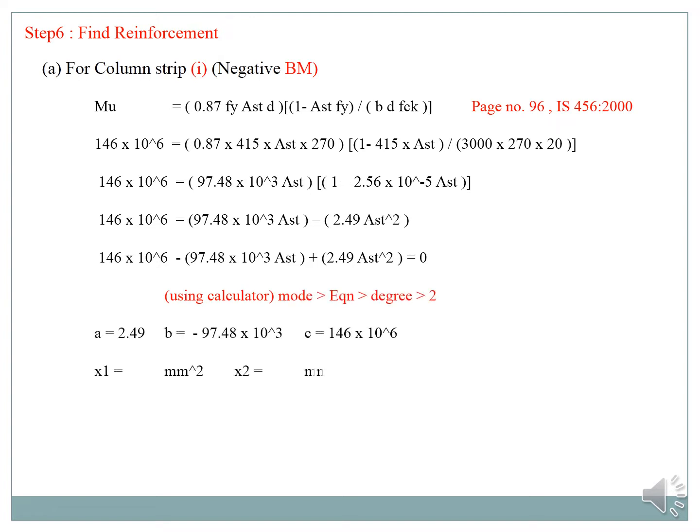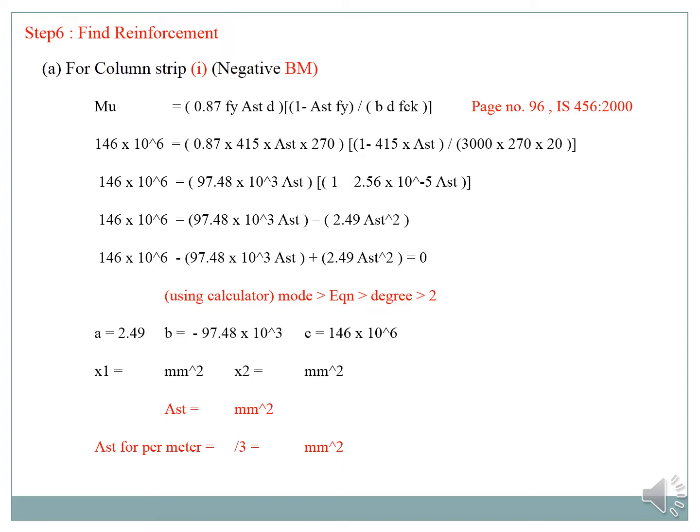Applying the moment value, 146 into 10^6 is equal to 0.87, the constant value, and fy is 415, then Ast, and d is the effective depth for the slab, then 1 minus Ast into fy. fy is 415, given in our question. b d fck: b is 3000 mm, the width of the column strip, d is equal to 270 mm, and fck is equal to 20. It is given in our question.